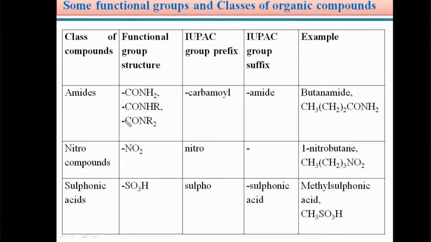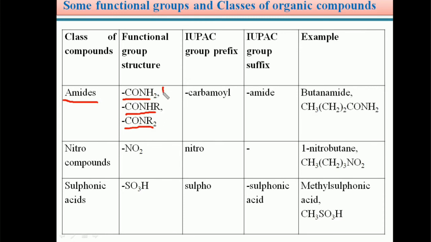Next functional group is amide. Generally, students, the amide functional group structure is CONH2 or CONHR or CONR2, meaning nitrogen is connected with 2 hydrogens, or with 1 hydrogen and an alkyl group, or without any hydrogen, directly connected with alkyl groups.